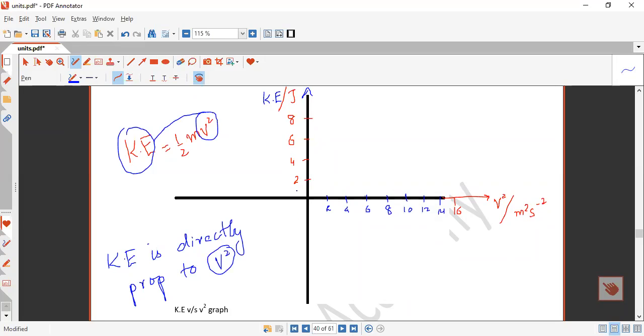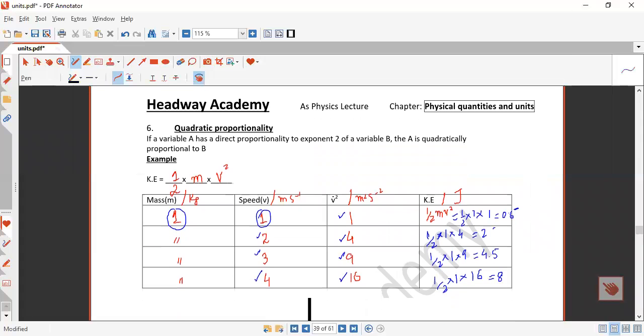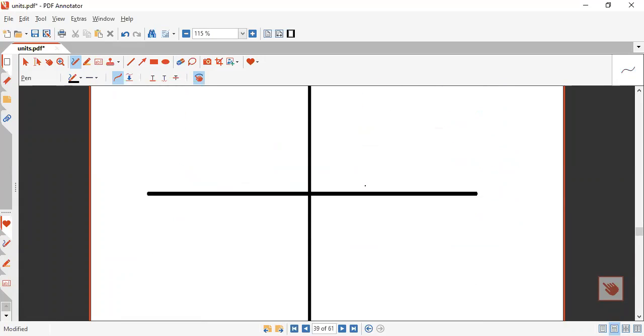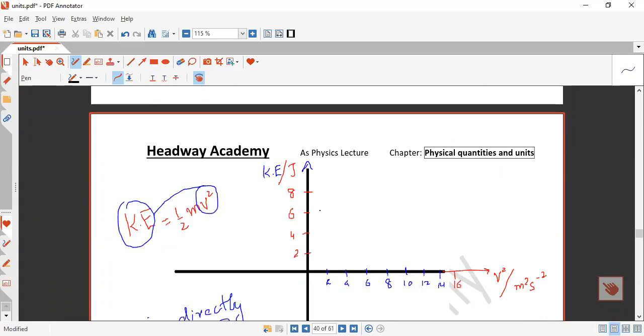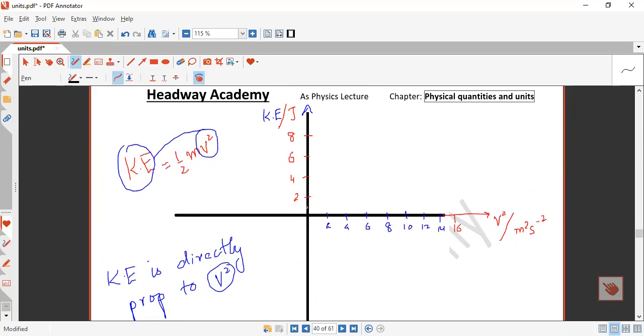So let me see the values. 1 and 0.5, 4 and 2. Kinetic energy is 0.5 when the velocity square is 1. So let's say this is 1, so this is 0.5, and here is our first point, right?